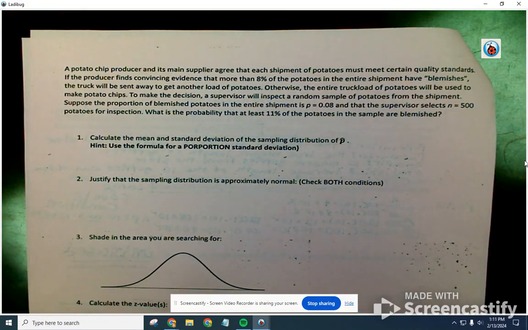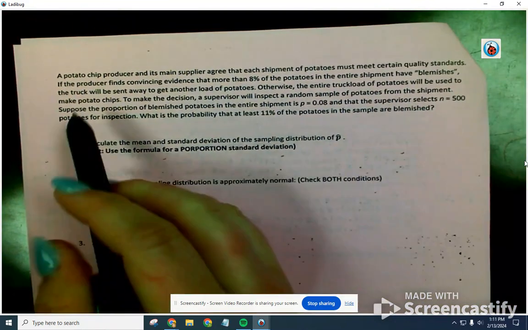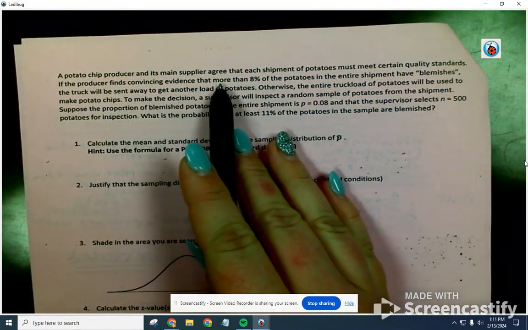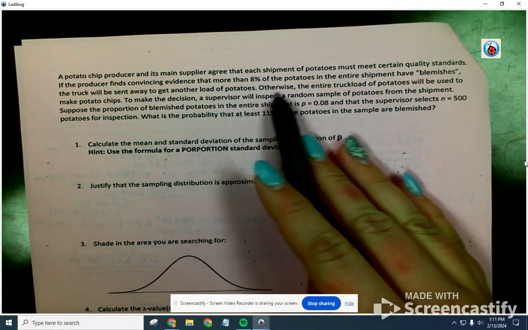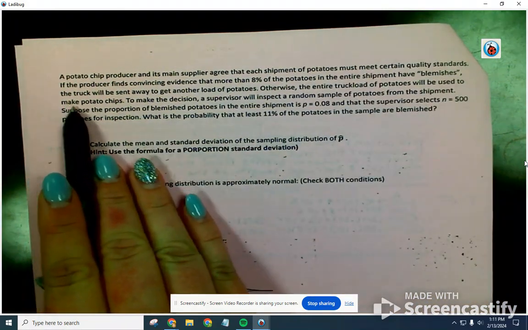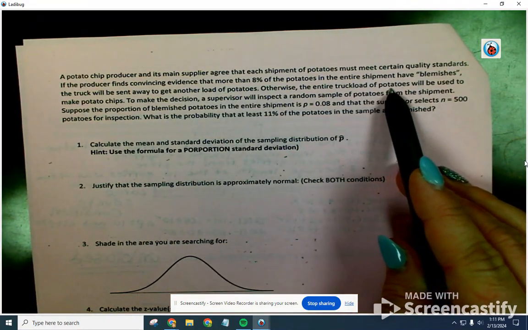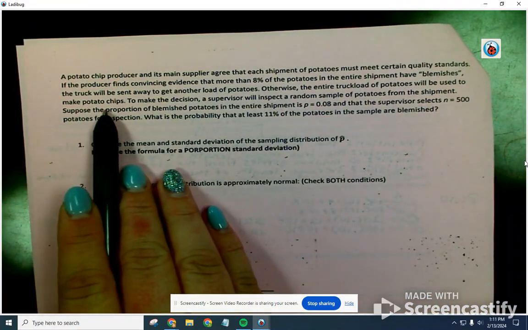So the first part says, a potato chip producer and its main supplier agree that the shipment of potatoes must meet certain quality standards. If the producer finds convincing evidence that more than 8% of the potatoes in the entire shipment have blemishes, the truck will be sent away to get another load of potatoes. Otherwise, the entire truckload of potatoes will be used to make potato chips.